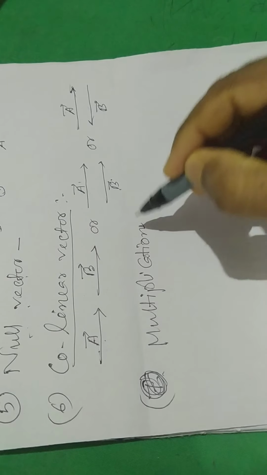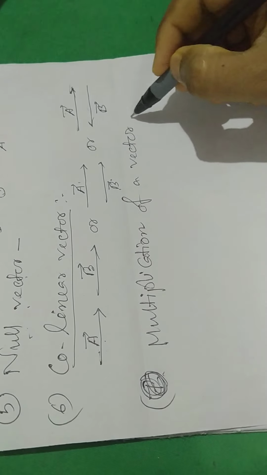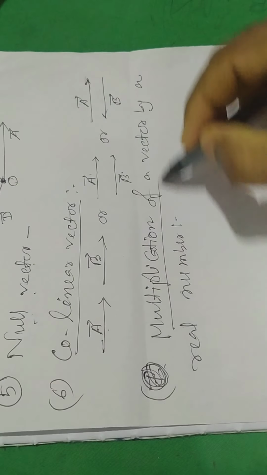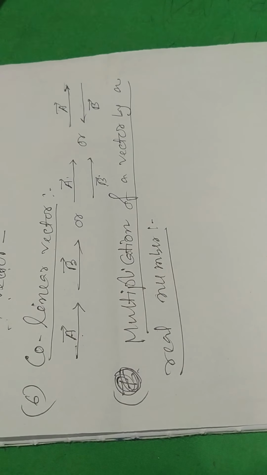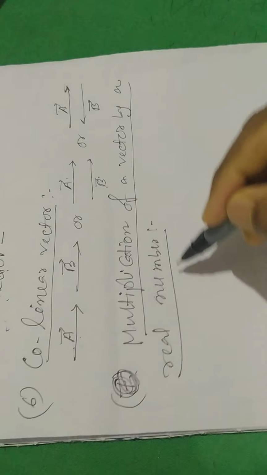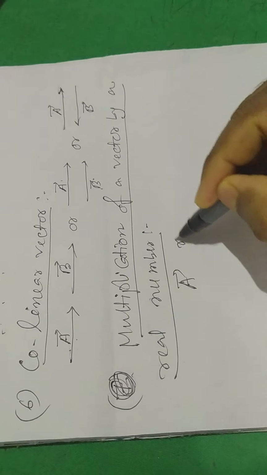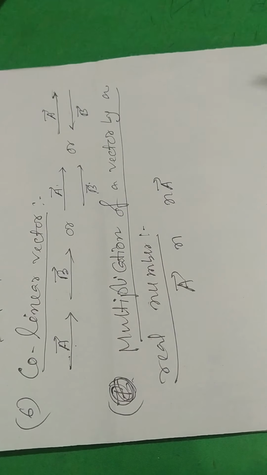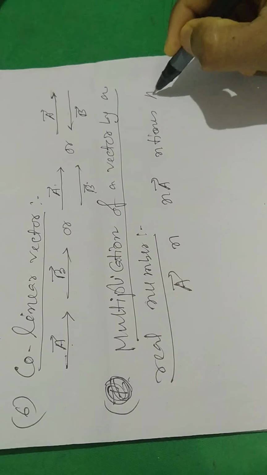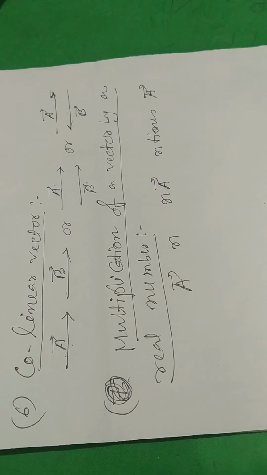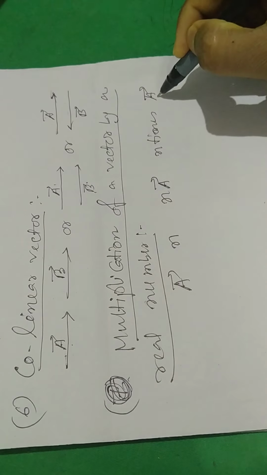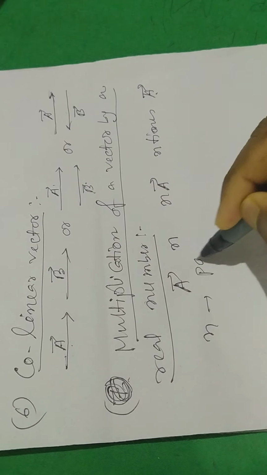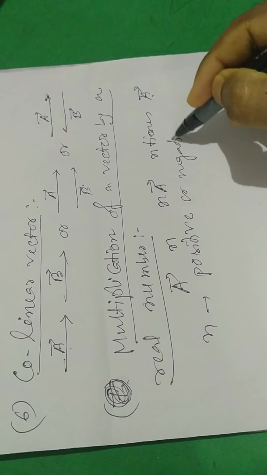The product of a vector A with a real number n is another vector nA, whose magnitude is n times that of vector A, and whose direction is the same or opposite to the vector A, depending upon whether n is a positive or negative real number.